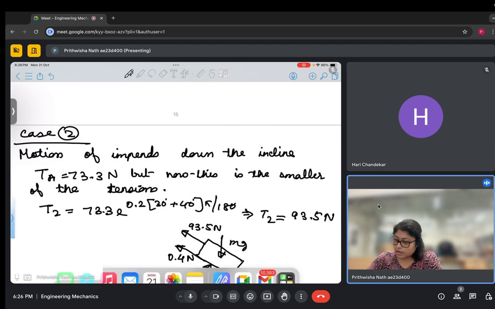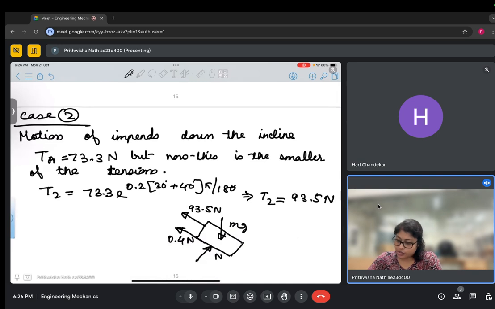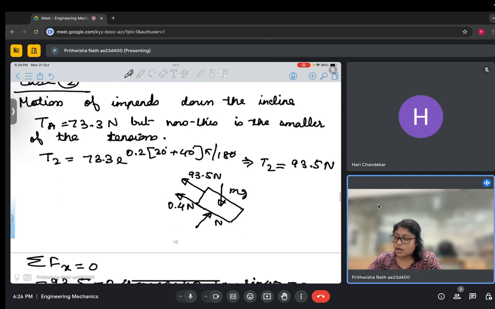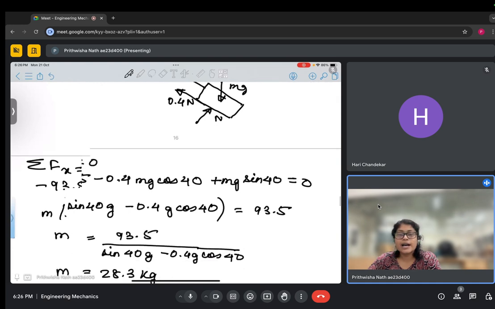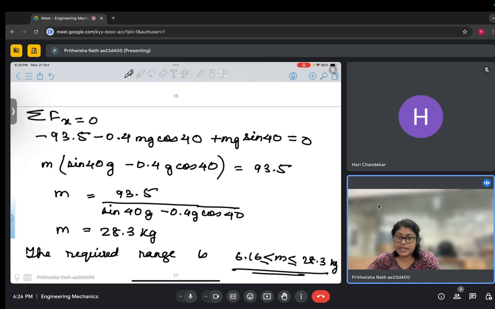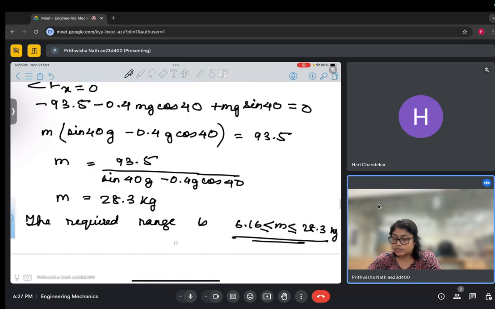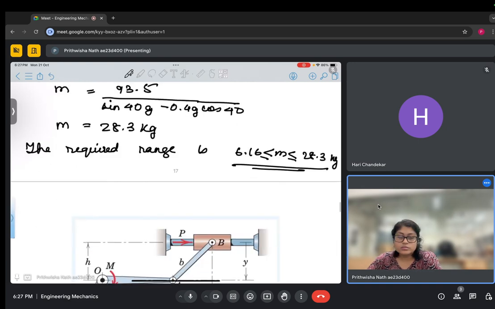Similarly, we calculated the tension in the other rope using this equation, and from this we got mass to be 28.3 kgs. So this is the required range for the mass to remain in equilibrium.